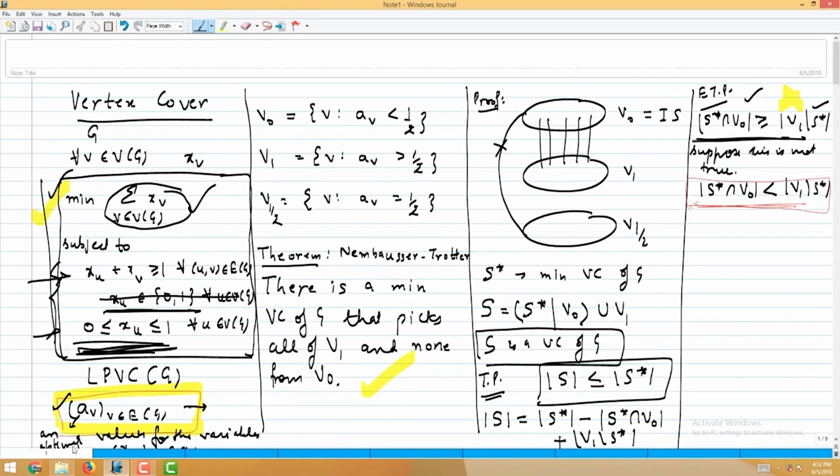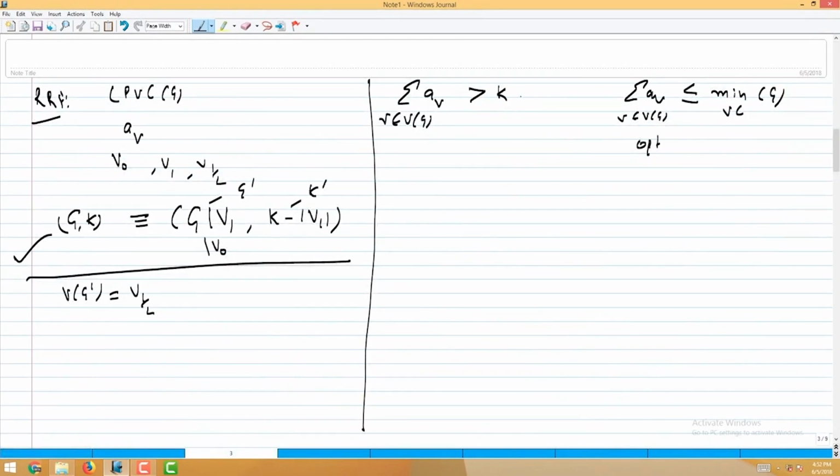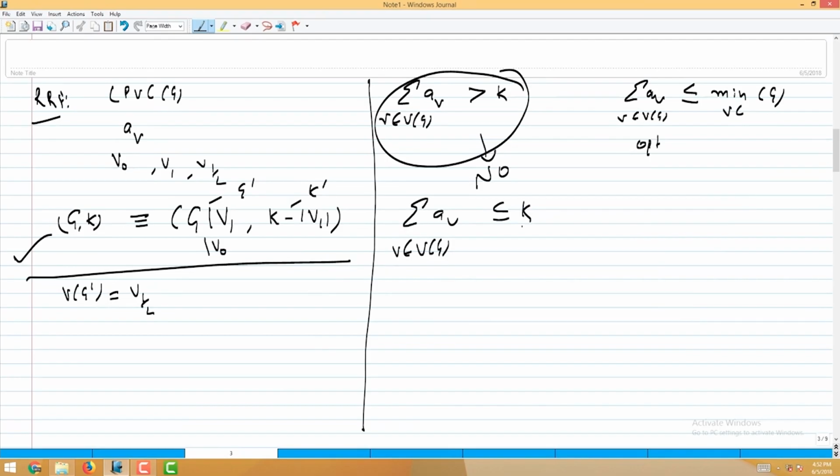Because we know that if AV is an optimal solution to the LP, then its size can be at most the size of any minimum vertex cover of G, right? So if its size alone is strictly greater than K, then you can't have a vertex cover of size at most K, right?